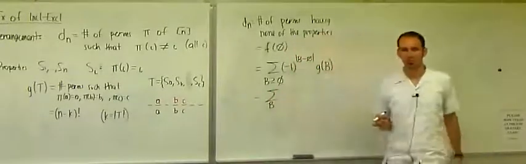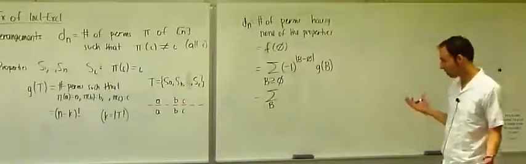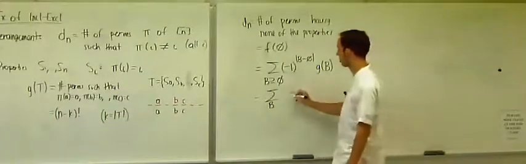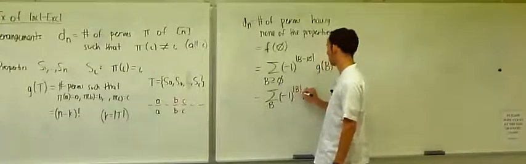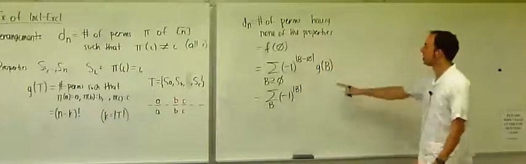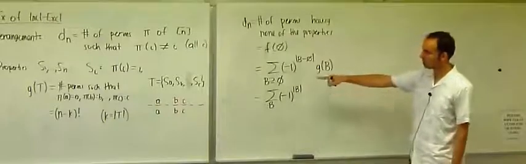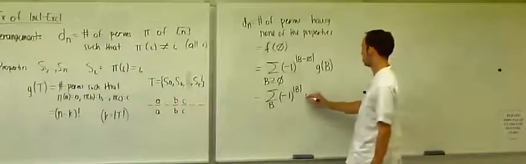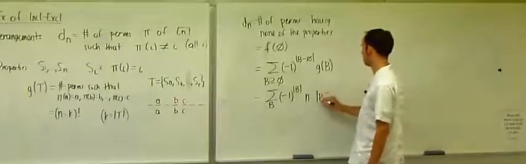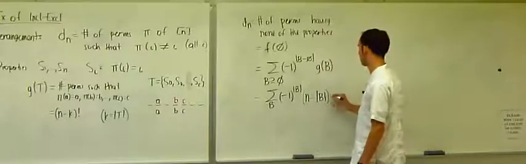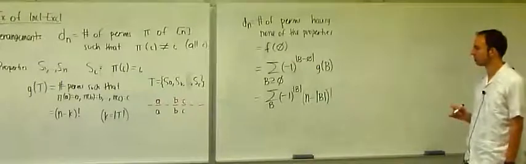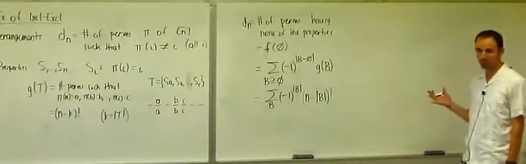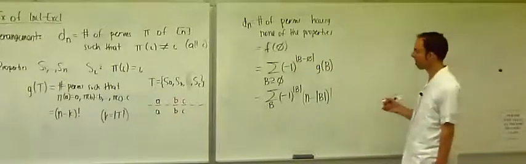So we are summing over all the possible b. When you subtract the empty set, you're not subtracting anything. And g of b is n minus the size of b factorial, where we're summing over all the subsets of n.